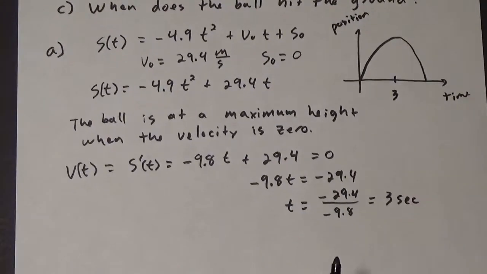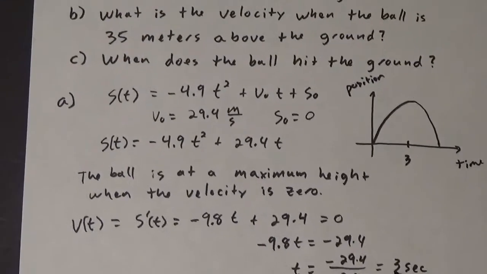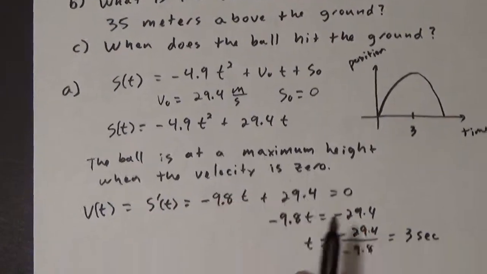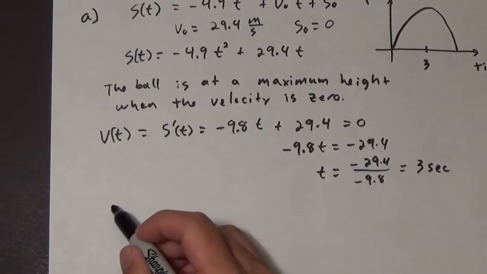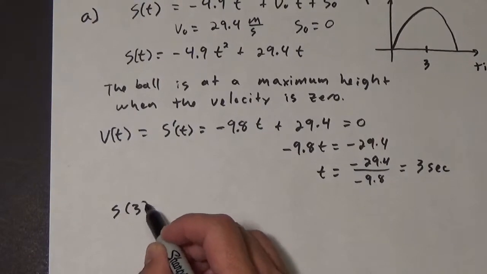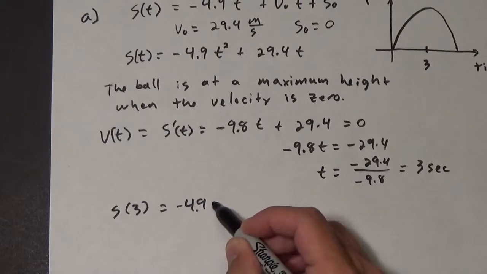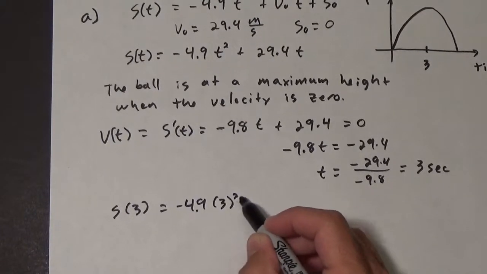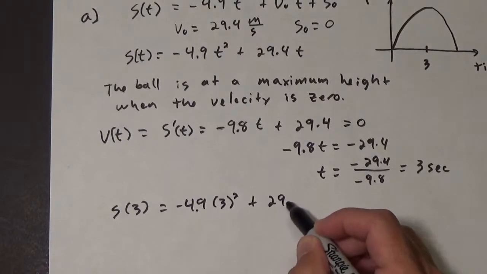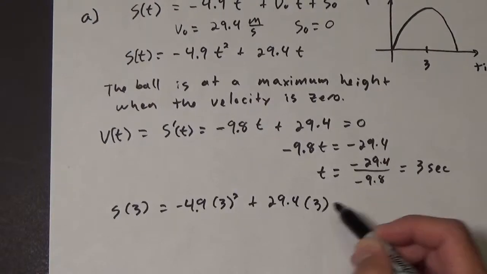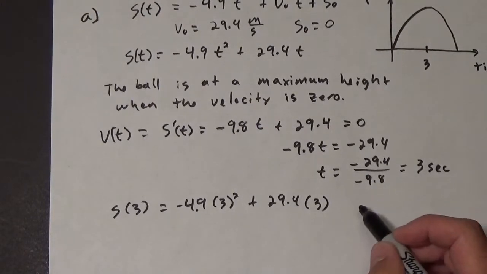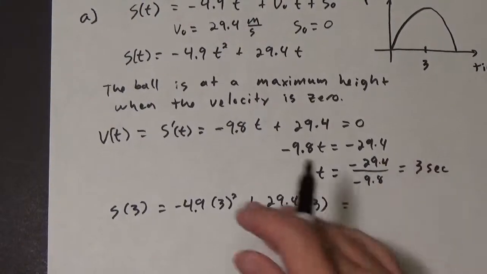So to get its maximum height, we've got to take our 3 seconds and put it back into the position function. So s of 3 is going to be negative 4.9 times 3 squared plus 29.4 times 3. So let's see what that ends up being.